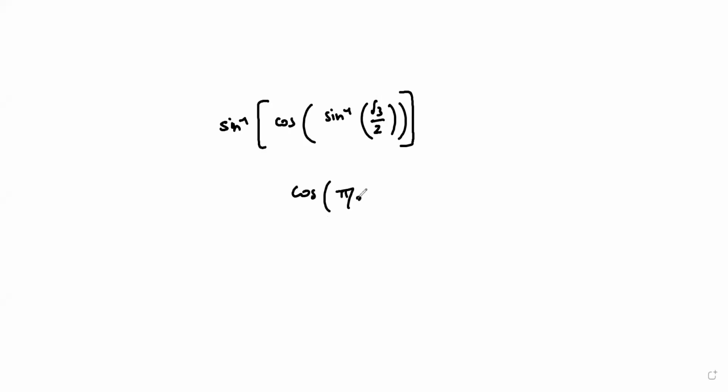So cos pi by 3. So sin inverse of cos pi by 3. Cos pi by 3 is cos 60, which is 1 by 2. So sin inverse of 1 by 2 will be equal to pi by 6, 30 degrees. Right? Exemplar questions are like this one.